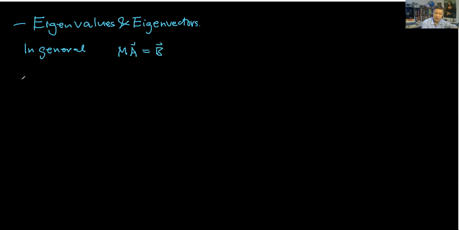But in a special case, if we are lucky, we will encounter something like this: M A will equal lambda, a constant, multiplied by A itself.